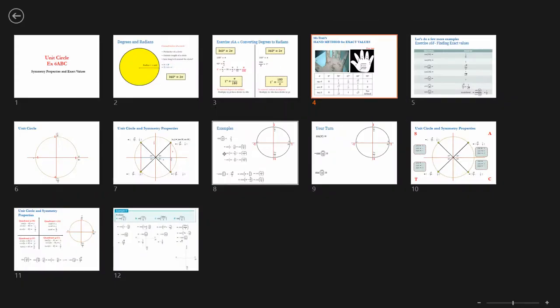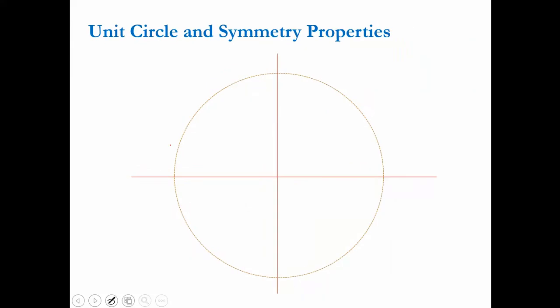Now, here's the skill that I want you to be able to do. We know now that the symmetry properties mean that if you know the angle is 30 degrees, you can figure out every other angle. When you say sine of 30 degrees, you told me that was half. Now if I draw it, this is 30 degrees.